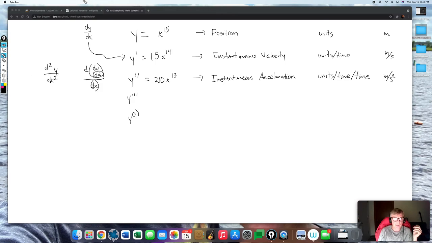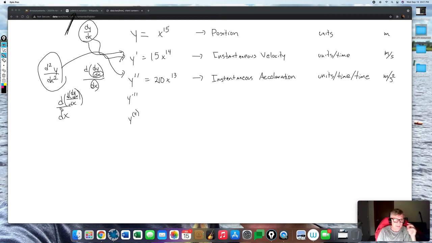So this is what the Leibniz notation looked like earlier in the video, if you remember the Wikipedia page, and again I'll link that in the description, but this is your first derivative, and then this is your second derivative, and your third derivative would be the derivative with respect to x of the derivative with respect to x of the derivative with respect to x.